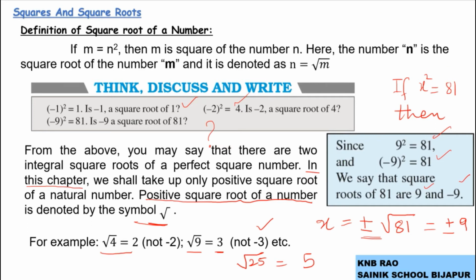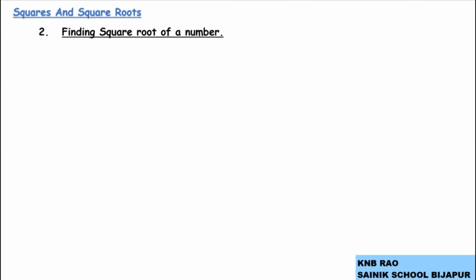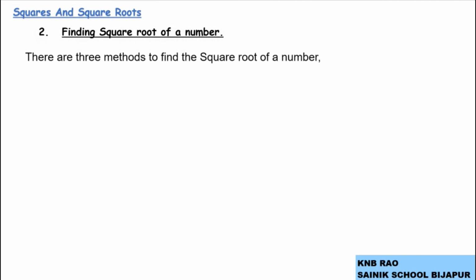Students, coming back to the next topic, finding the square root of a number. To find the square root of a number, we have three methods. What are those three methods?